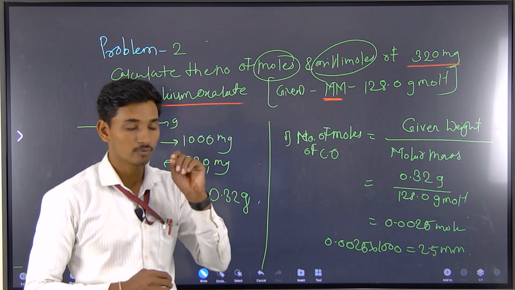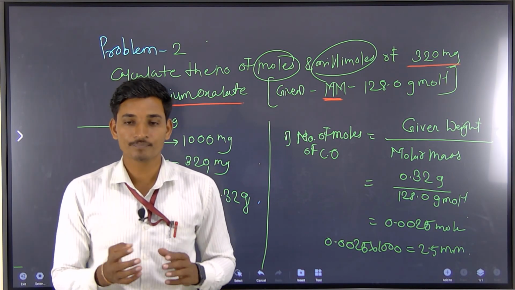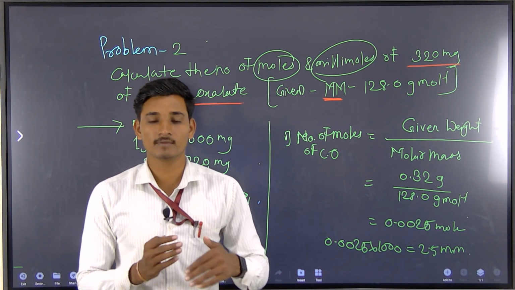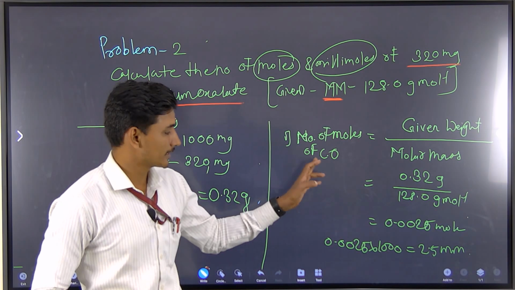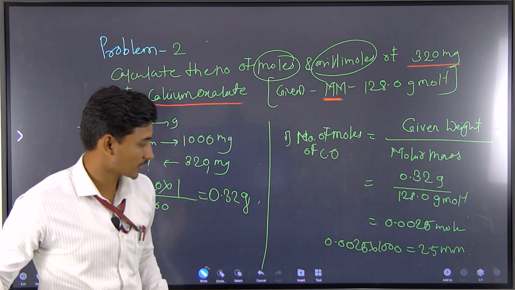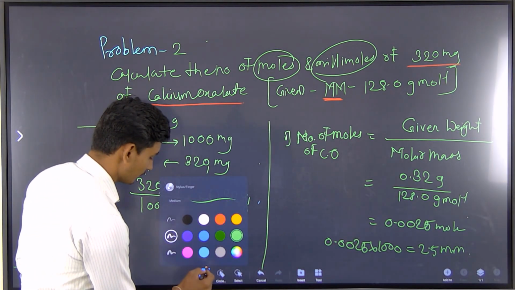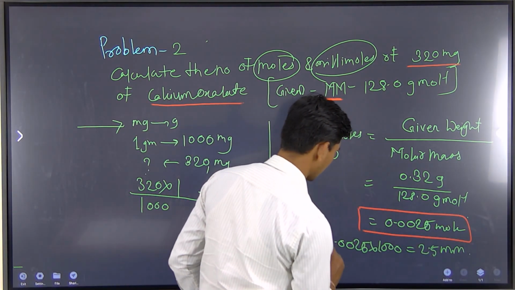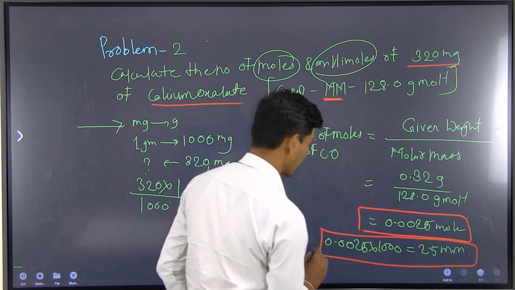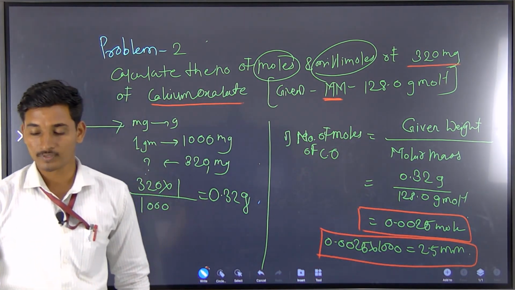Then we must convert it into gram quantity, and then use it for the calculations. So the number of moles of calcium oxalate is 0.0025, and the number of millimoles of calcium oxalate is 2.5 millimoles.